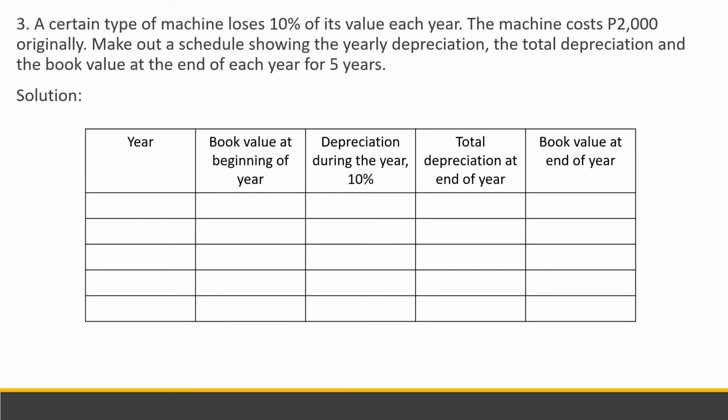Okay. So, meron tayong 5 years. At the beginning of the year, it is worth 2,000 pesos. So, the depreciation during the year, nabigay siya ng 10% loss of its value each year.